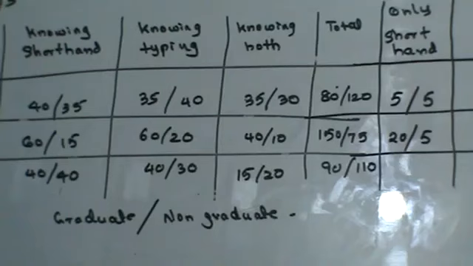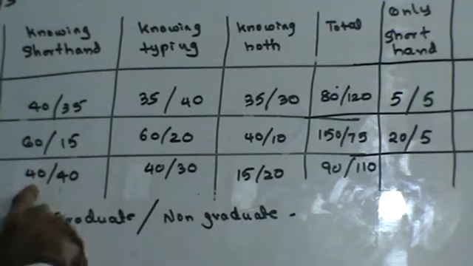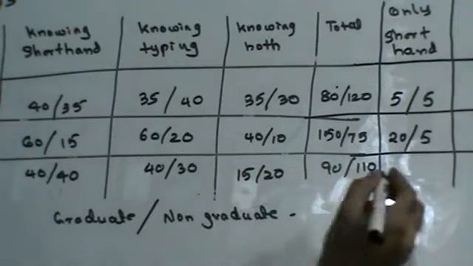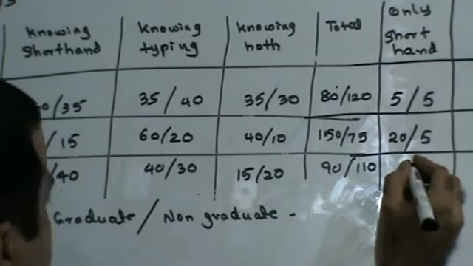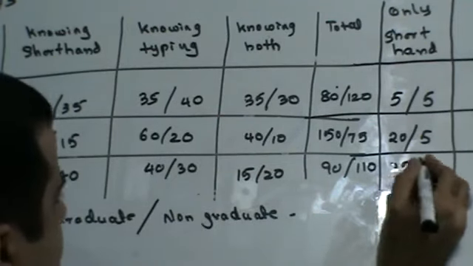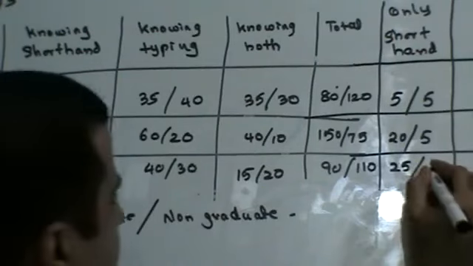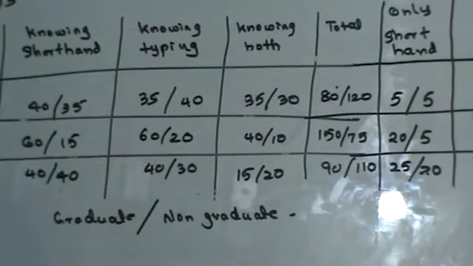Similarly, in the age group of more than 10 years, there are 40 who know shorthand, out of which 15 know both. So that is 25. Similarly, 40 know shorthand and 20 know both. So this will be 20. So these are those people who know only shorthand.